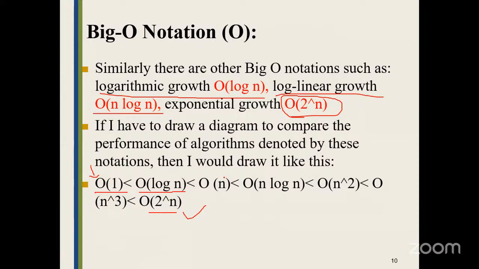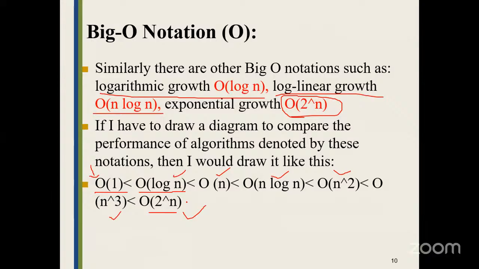That is the order: order of log n, order of n, order of n log n, order of n square, order of n cube, order of n power 4, and so on. And finally, order of 2 power n. So this is the hierarchy, where the first takes less time and order of 2 power n, the last one, takes more time.